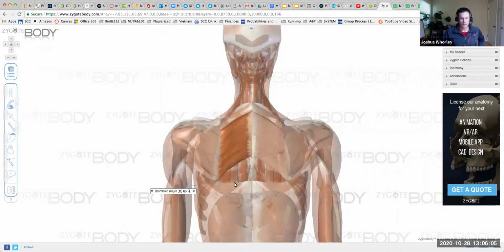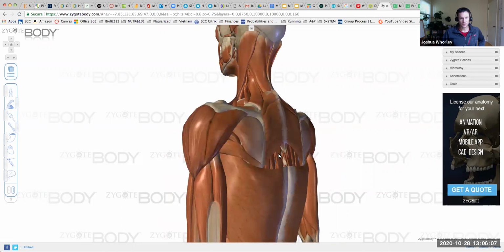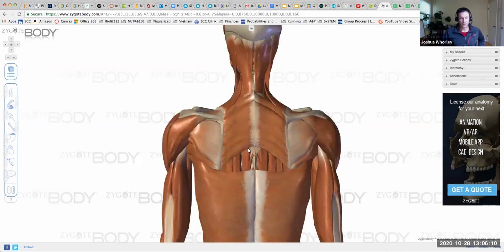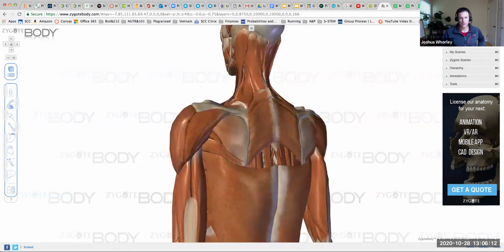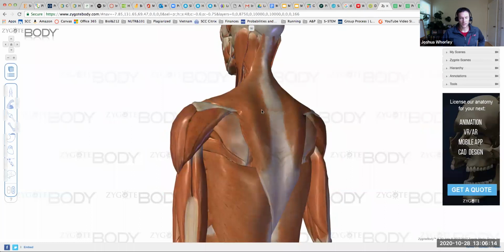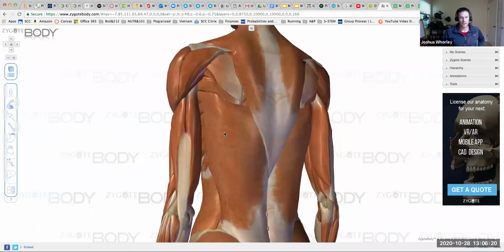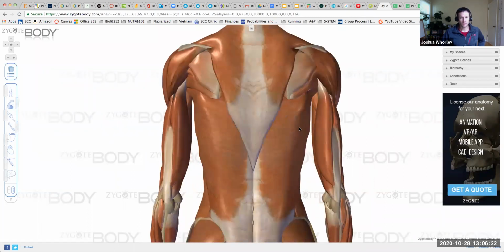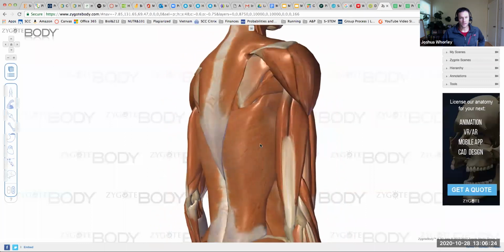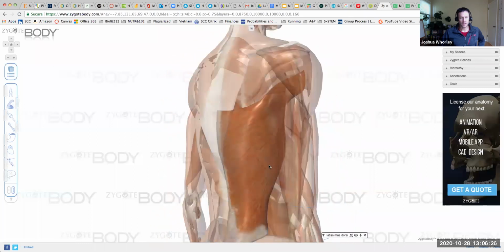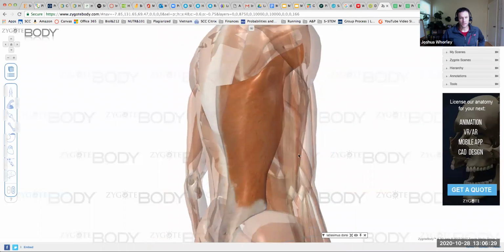The serratus anterior. This is good that we've taken off the trapezius. Actually, we can put that back on, but we want to take off another one, a big superficial muscle, the latissimus dorsi, to see the serratus anterior. But maybe before we do, this is the latissimus dorsi here. It's a big kind of fan-shaped muscle.